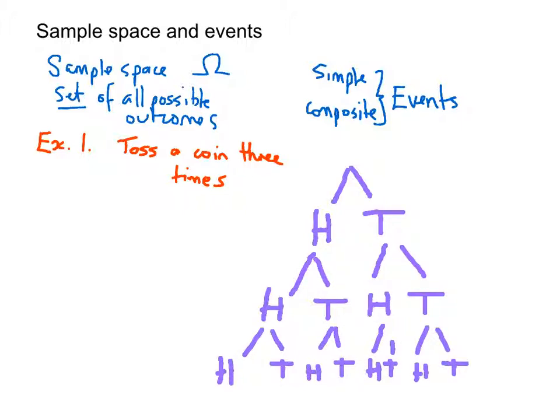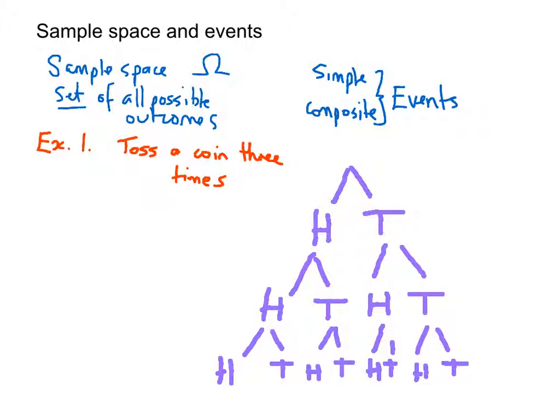So in total, what we can see is that in our sample space there are basically 8 possible outcomes: a head, a head, a head; a head, a head and a tail; a head, a tail and a head; a head, a tail and a tail, and so on. And we can list out these 8 outcomes.